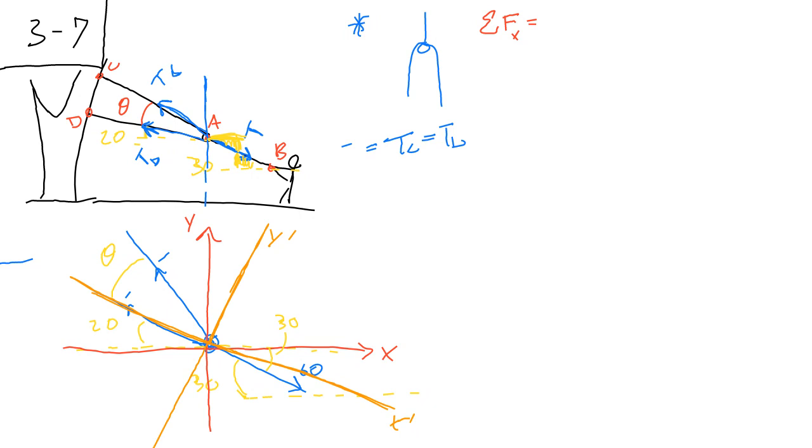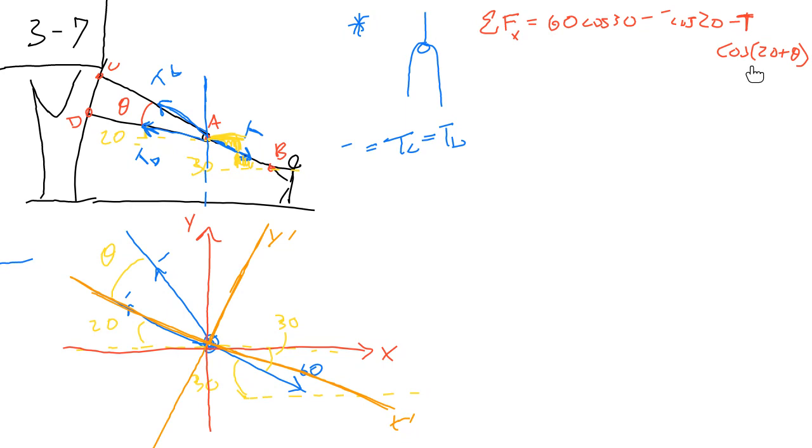So let's write this 60 cosine 30 minus T cosine 20 minus T cosine (20 plus theta) minus T cosine (20 plus theta).